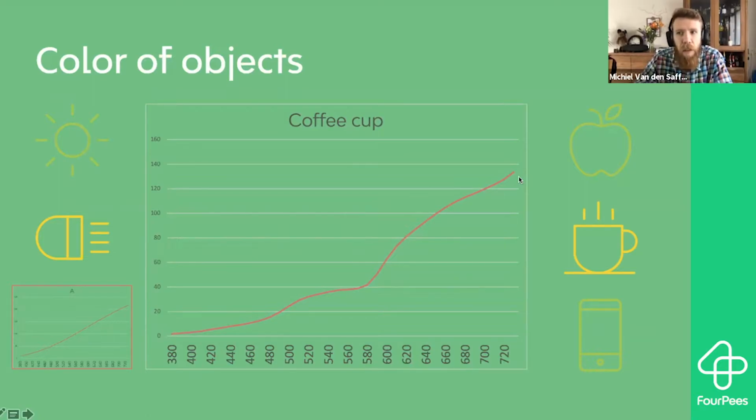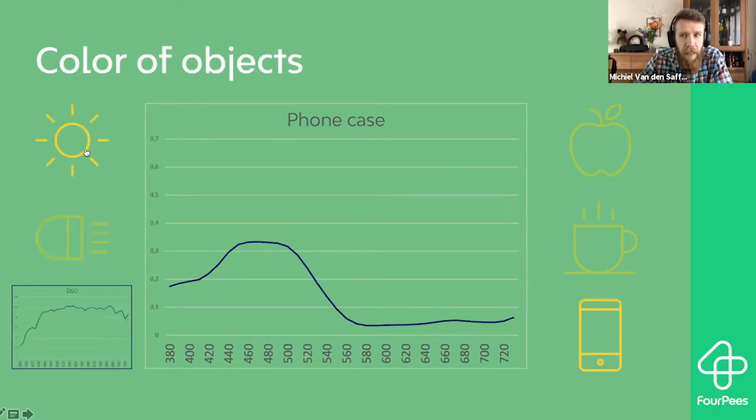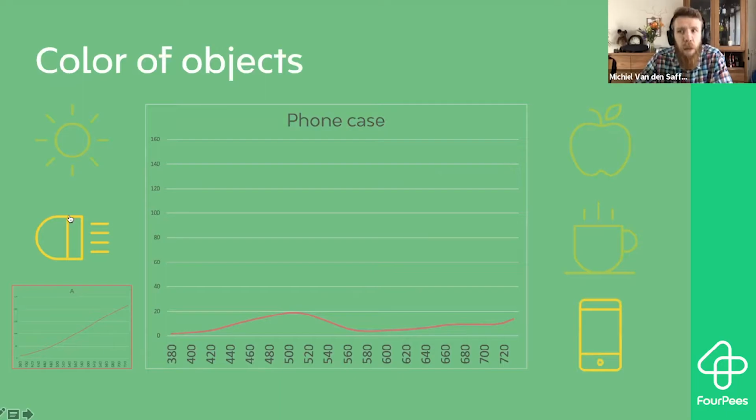So my coffee cup has changed color. And even worse, my phone case doesn't reflect anything anymore, because all the light that was reflected was part of the blue area. Since I don't have any blue light anymore, there's barely any reflectance, so my phone case, when illuminated with incandescent light, will become gray.